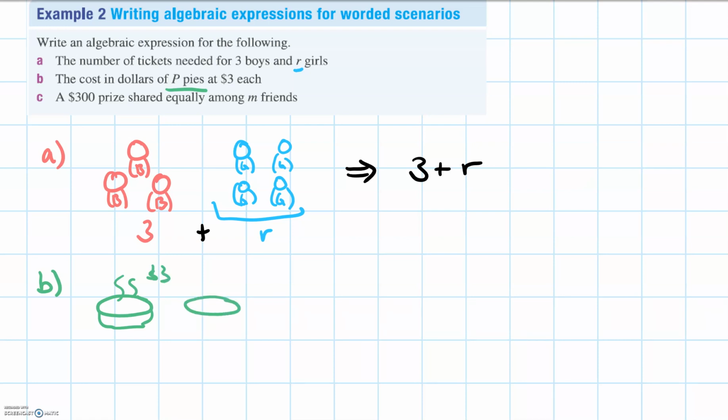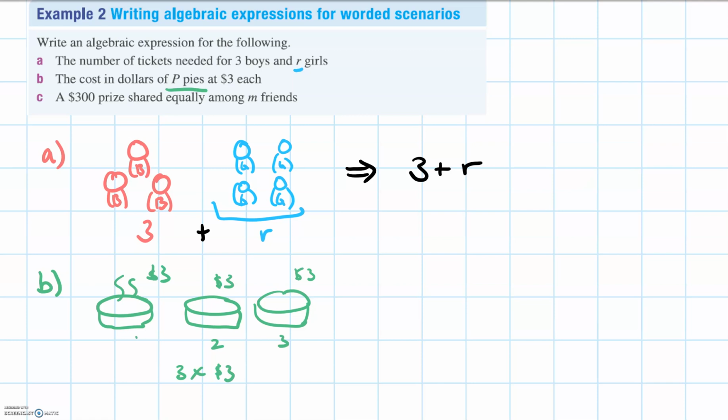So every time I see a pie, it's going to cost me another $3, and $3, and so on. If I have 3 pies here, that's going to cost me $9 because it's 3 times 3.